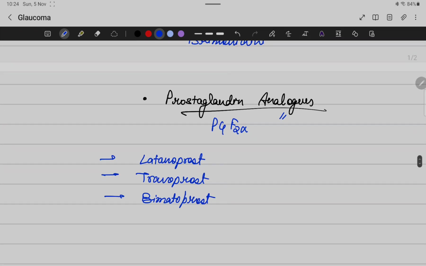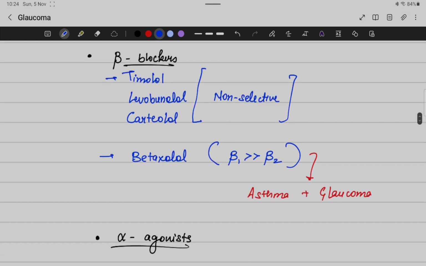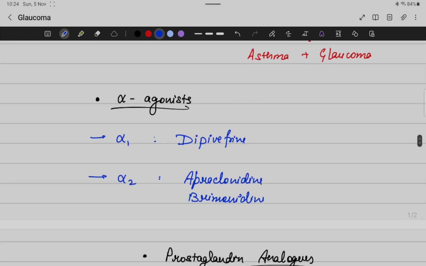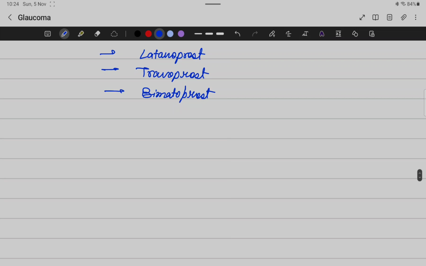Okay, then I told you about the carbonic anhydrase enzyme, which was increasing the secretion of your humor. If we inhibit this enzyme, it will lead to decrease in intraocular pressure. So we'll use carbonic anhydrase inhibitors.